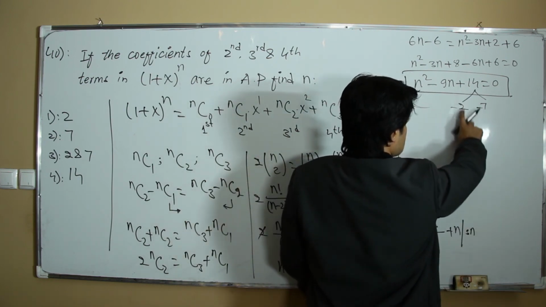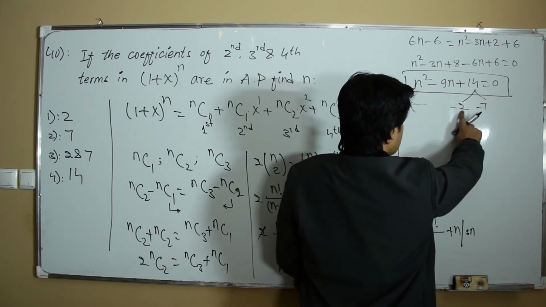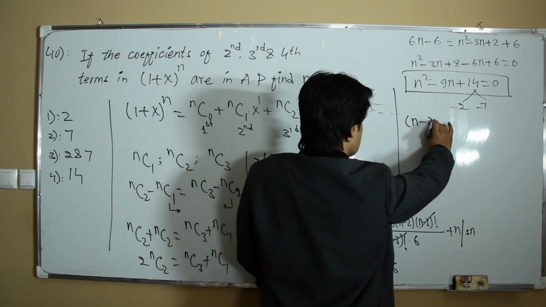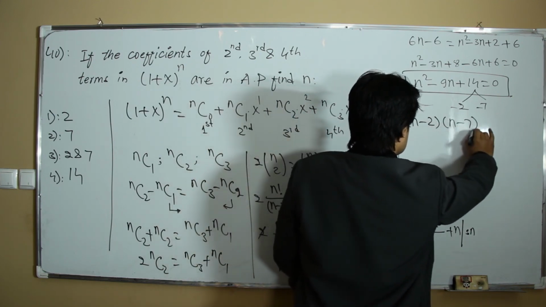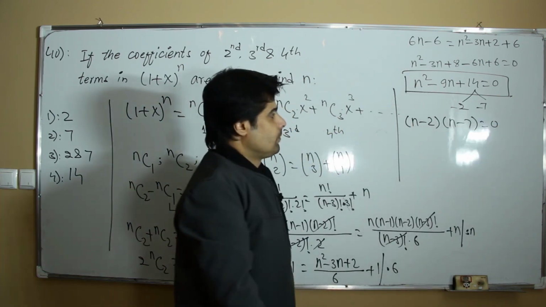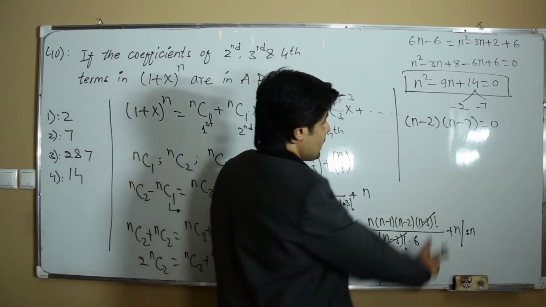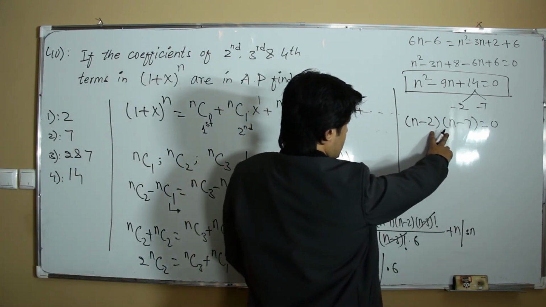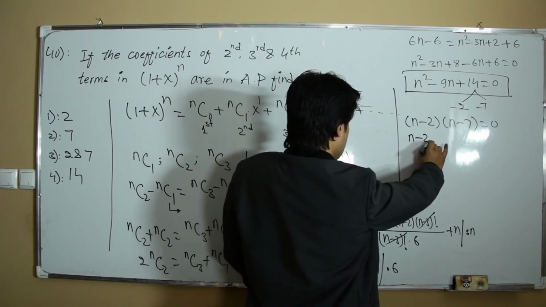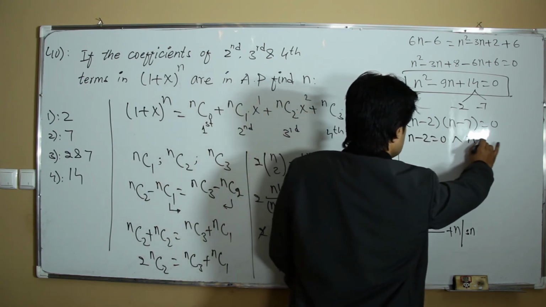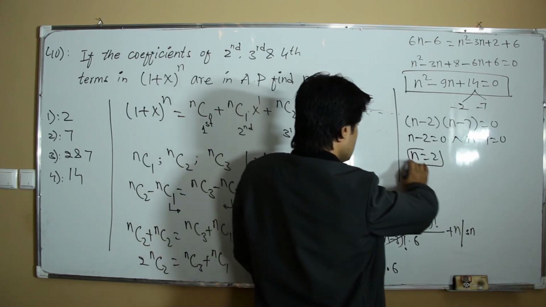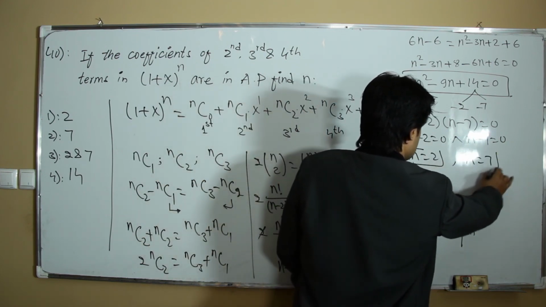Minus times minus is plus. 2 times 7, 14, and minus 2 with minus 7, it's minus 9. Now you have two brackets, n minus 2 and n minus 7 equal to 0. The multiplication of two brackets is 0 whenever at least one of them is 0. Now this one is n is 2 and this one is n is 7.